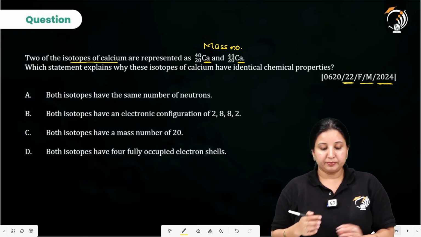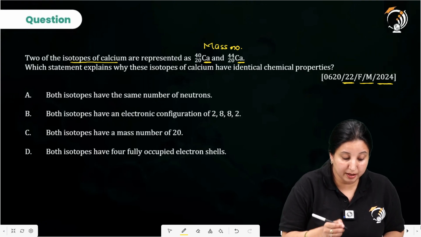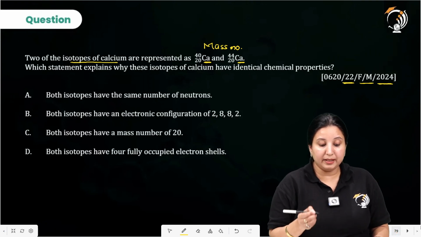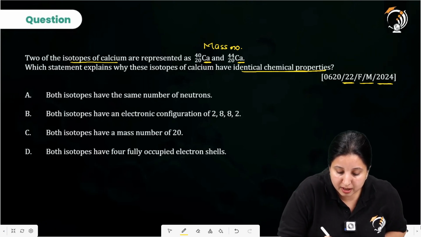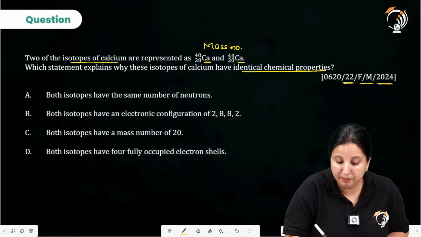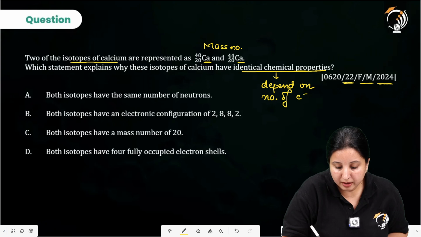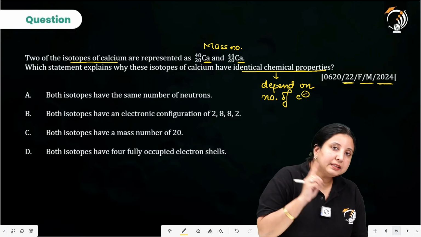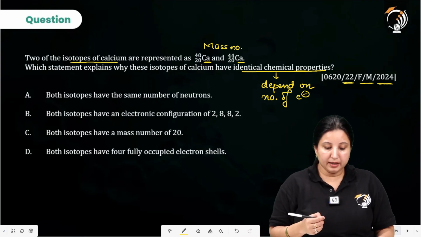Now look, before moving to option C, the question is saying which statement explains why these isotopes of calcium have identical chemical properties. So when we were reading the theory just now, we studied that the chemical properties depend on the number of electrons, and in the electronic configuration we mention the number of electrons only, isn't it?